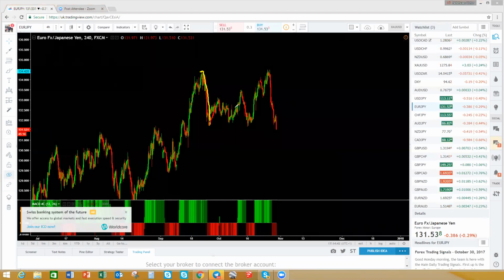And you got this correction. Okay. This comes and takes here, and you go all the way down. So essentially what you have here is that long-term impulse, another impulse to the downside, and the corrective structure that comes and takes the top here.